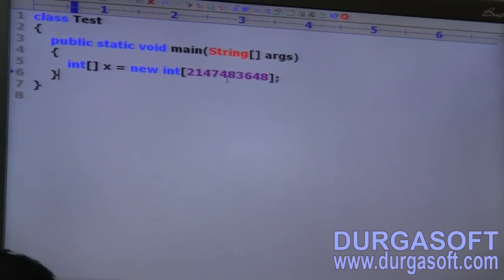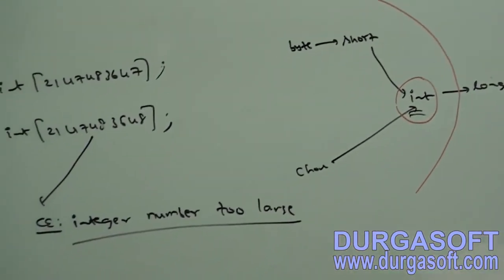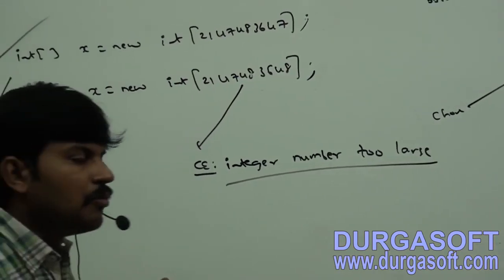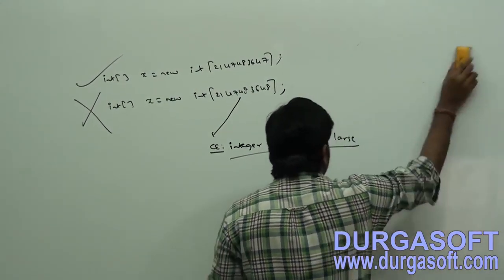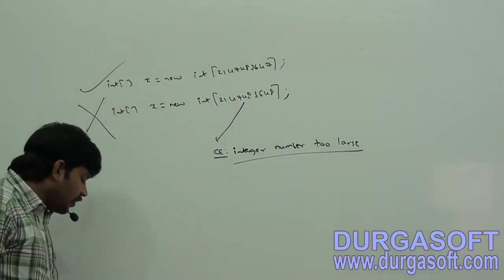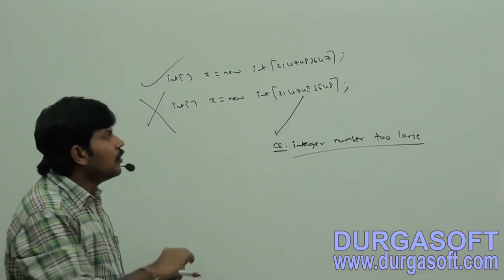I hope it is clear for all of you, right? Now here I have another small clarification to provide. The first one is valid, but maybe there is a chance of problem even in the first case. It doesn't mean you are compulsorily going to get it. What is the problem?